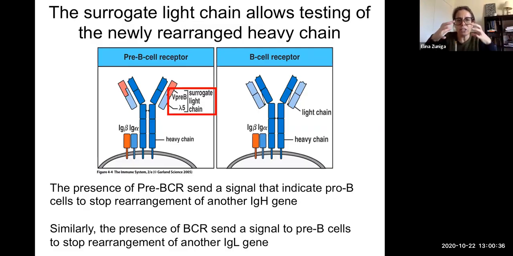The goal is that each clone will have just one specificity. So you need to make sure that when one variable region of the heavy chain is rearranged successfully, this will stop rearrangement in the other copy of the immunoglobulin heavy chain gene in the other chromosome, okay? To avoid another version of variable region, to avoid additional specificities in this clone of B cell that is developing. Is that clear?